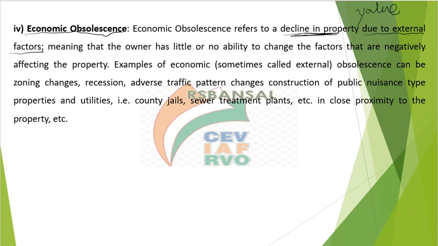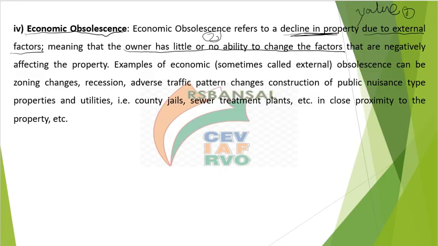First thing is it is due to external factors. Second thing is the owner has little or no ability to change these factors that are negatively affecting the value of the property.